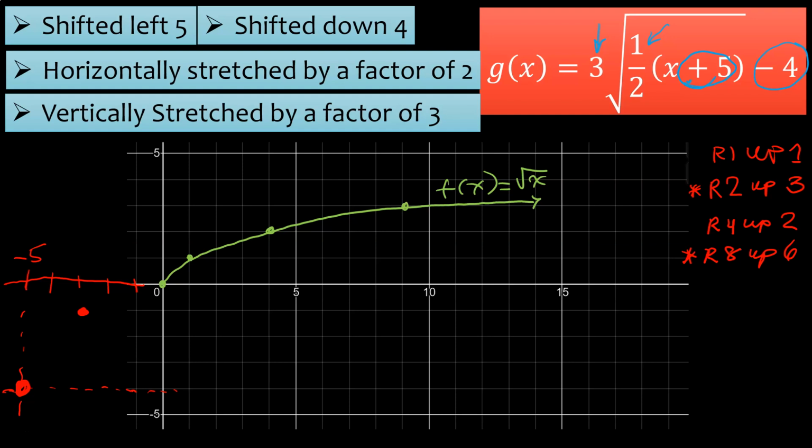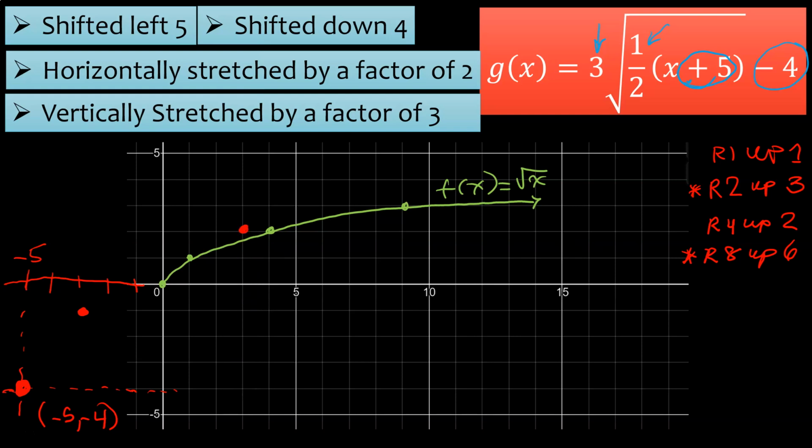And I'm going over and up from my new vertex, and my new vertex is at -5, -4. Okay, so we're going to go ahead and go right 8, up 6, 4, 5, 6.